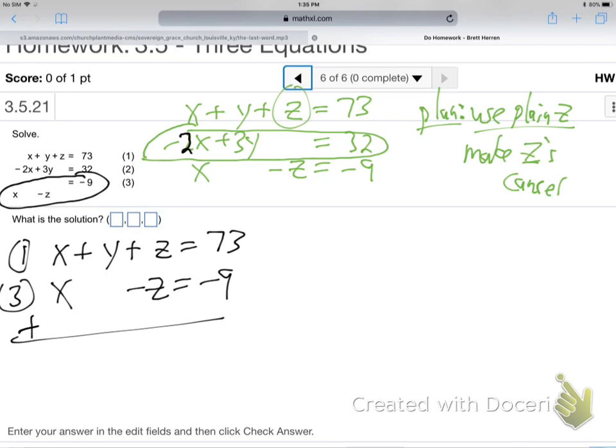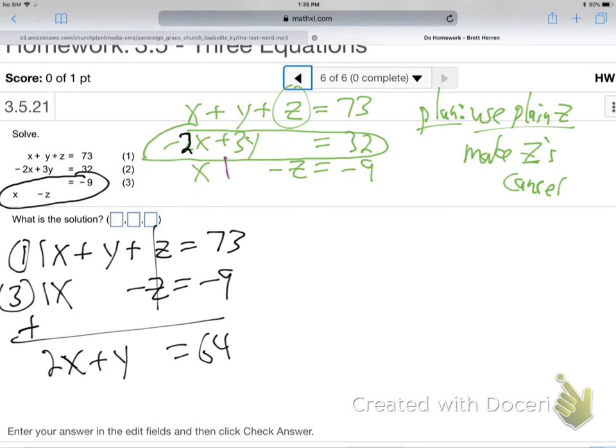So I'll start passing out some handouts while you do that. Maybe take one more step here. 1x and 1x is 2x plus y, z's cancel, equals 64.